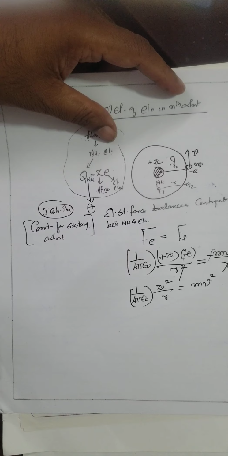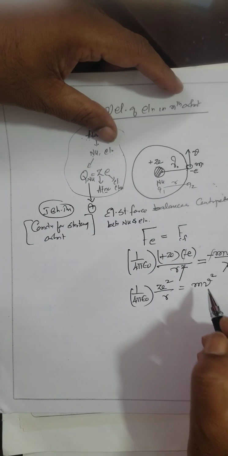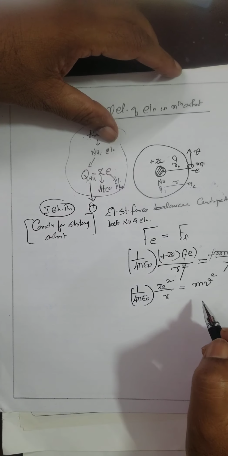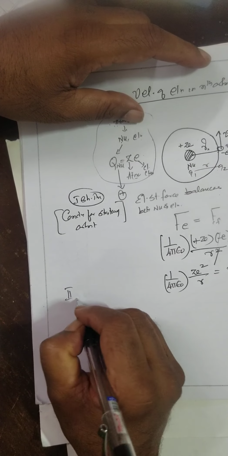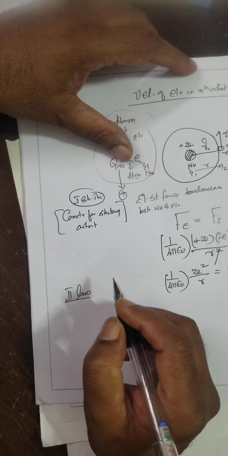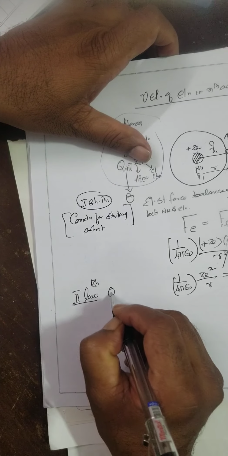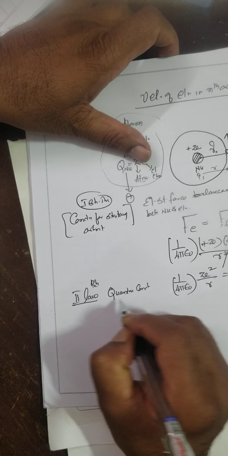Therefore, here, what is the v square you got, but you want v, is it not? How to do this? Second law. What is the second law? According to the second law of Bohr's theory, it is called the quantum condition, correct? What is the quantum condition?